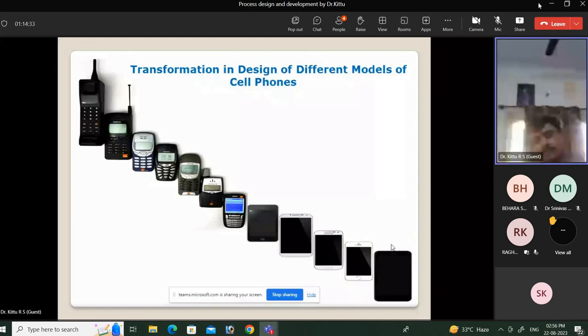So see this transformation, which is derived from the design and development of your products. Compared to day one, what a transformation has happened in such phones.